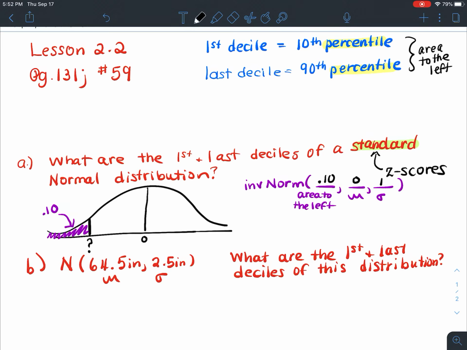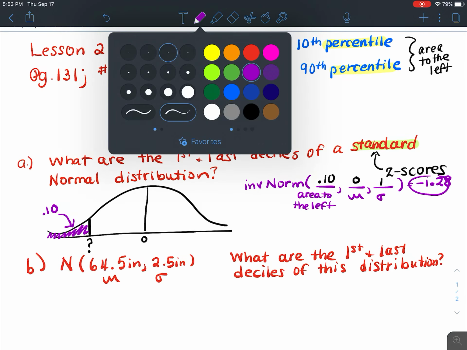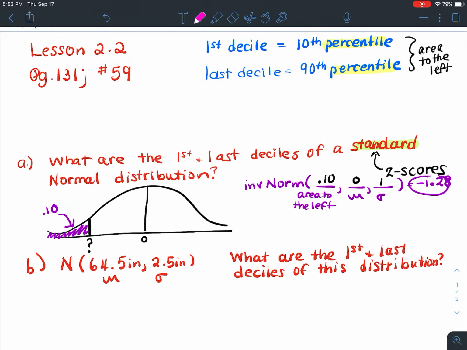So this is what I'm going to type into the calculator. I'm pressing second and the distribution function, which is the vars key, and I'm putting these three inputs in, and I see on my calculator it's going to tell me the z-score is negative 1.28. Okay, that is the standard normal distribution location, the z-score, for the first decile.